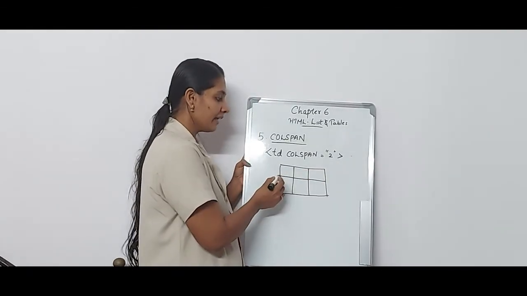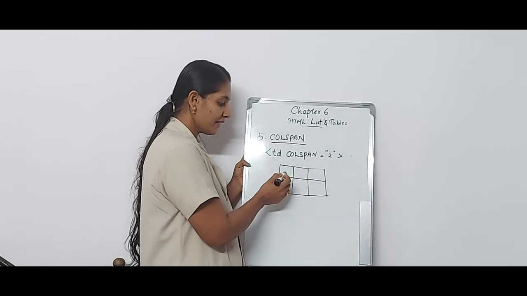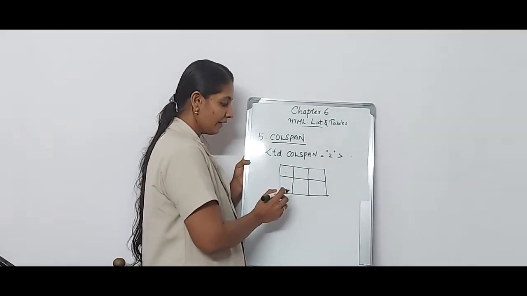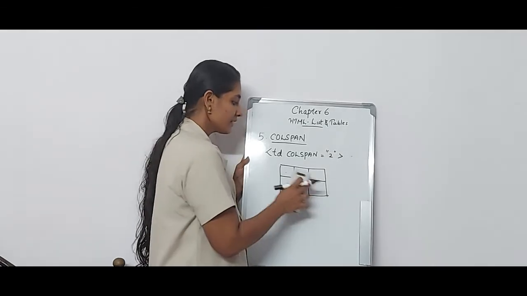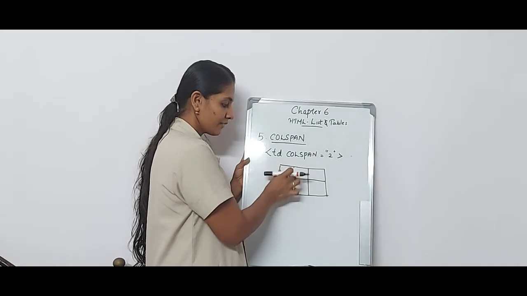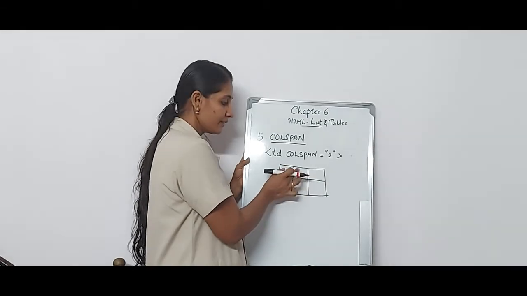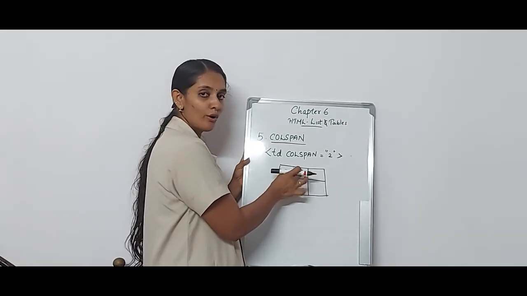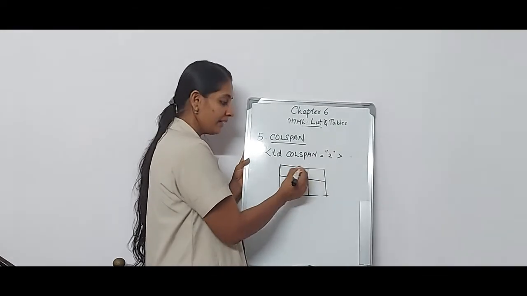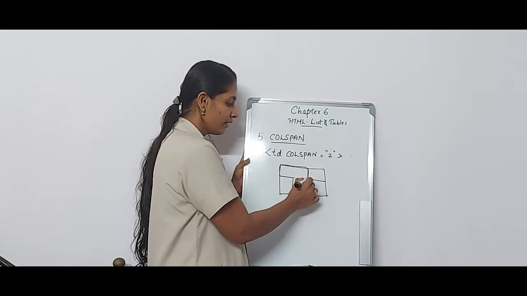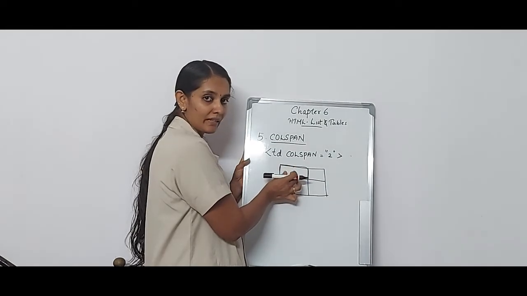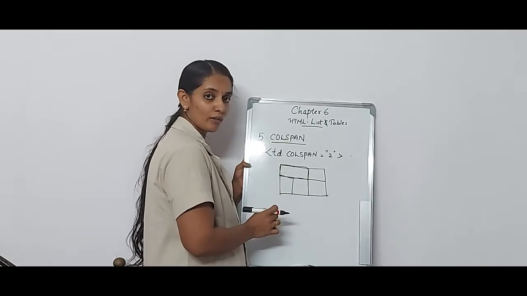If I am applying a colspan in the first cell, that is colspan equal to 2, then it will merge the first two columns. This is first column, second column. This will merge first two columns. Then after applying the colspan, the table will look like this. Here two columns got merged. This is called colspan.